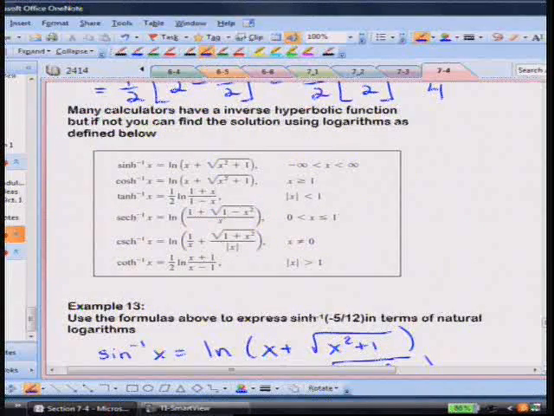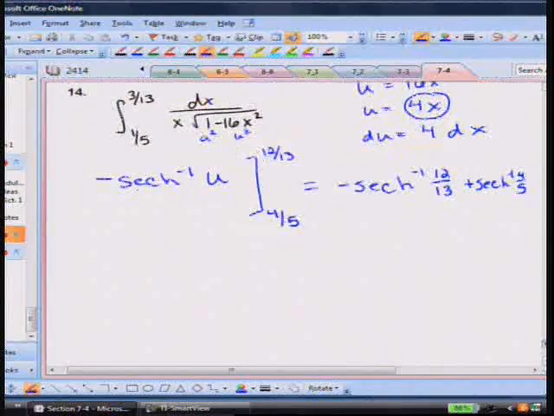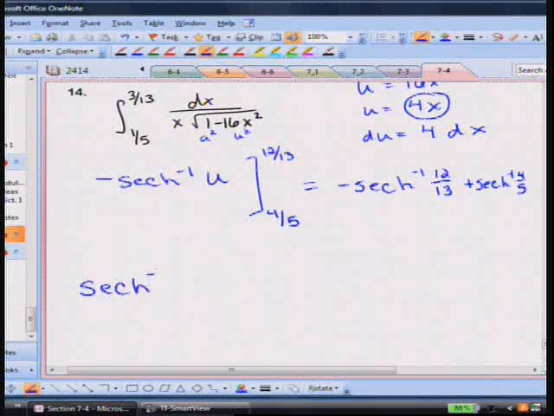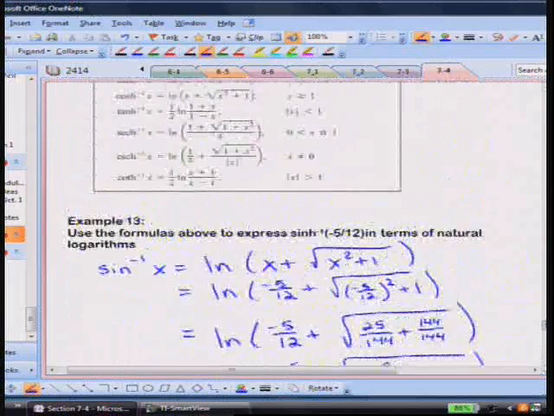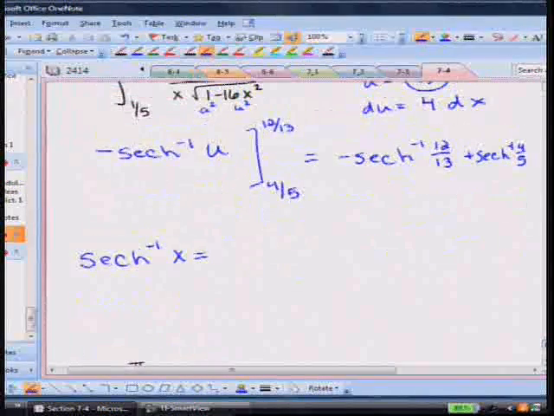So see, the inverse hyperbolic secant of x is the ln of 1 plus the square root of 1 minus x squared over x. Do y'all want me to do this? Getting tired.